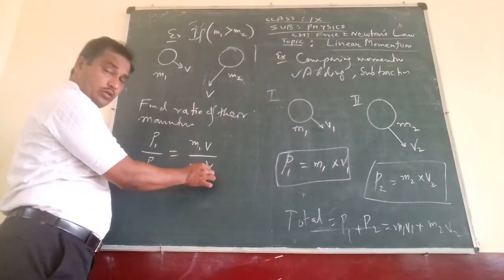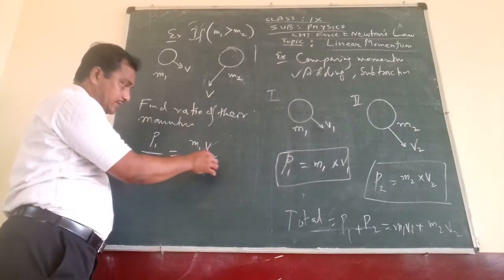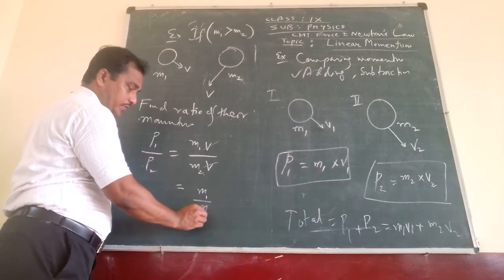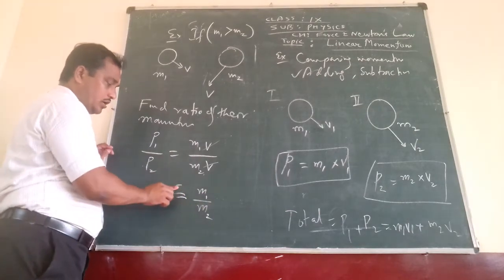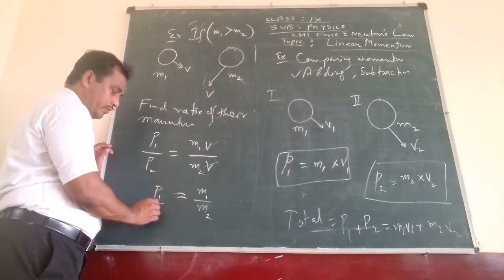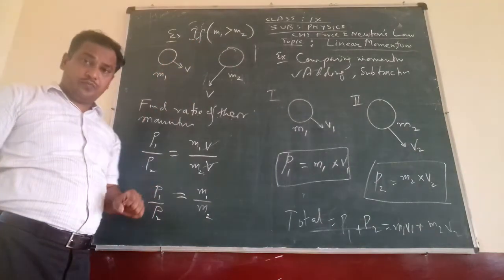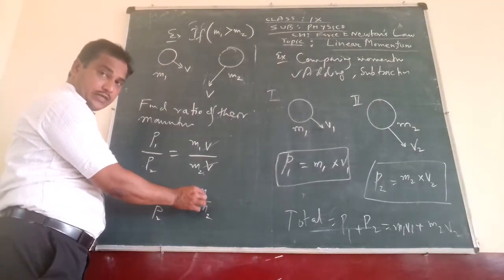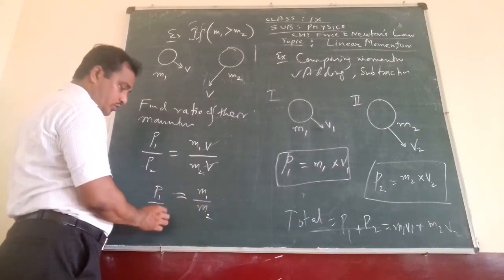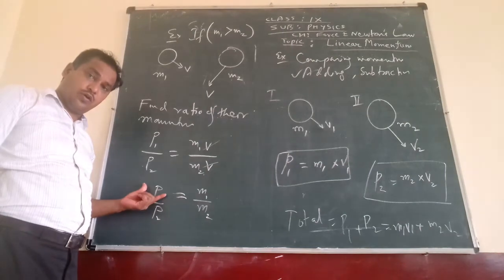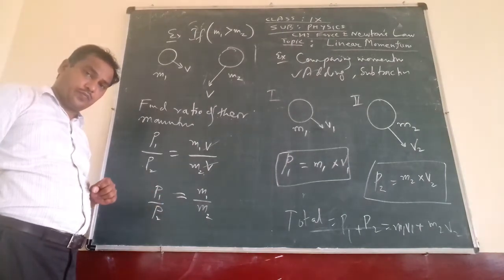Here both are moving with the same velocity, so v gets cancelled and we get m1 by m2. So this is the value of the ratio p1 by p2, and it is given that m1 is greater than m2, so whose momentum will be more? p1 will be more or p2 will be more?